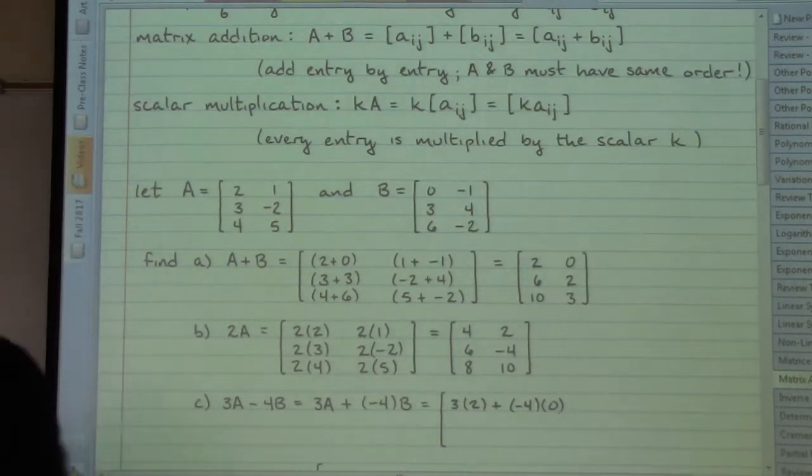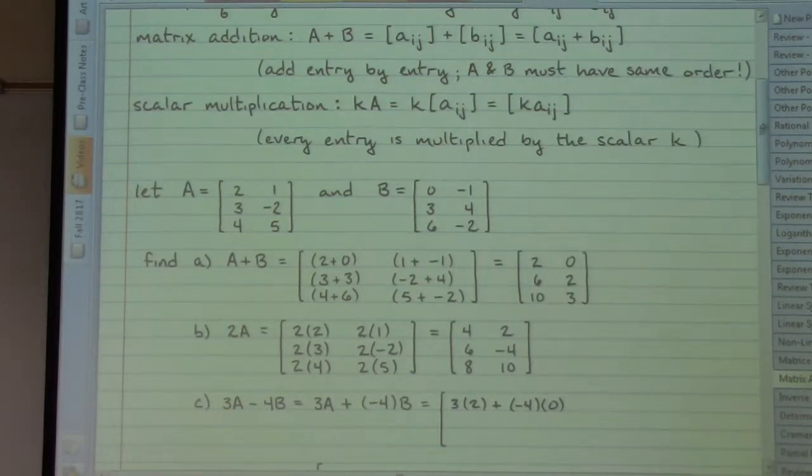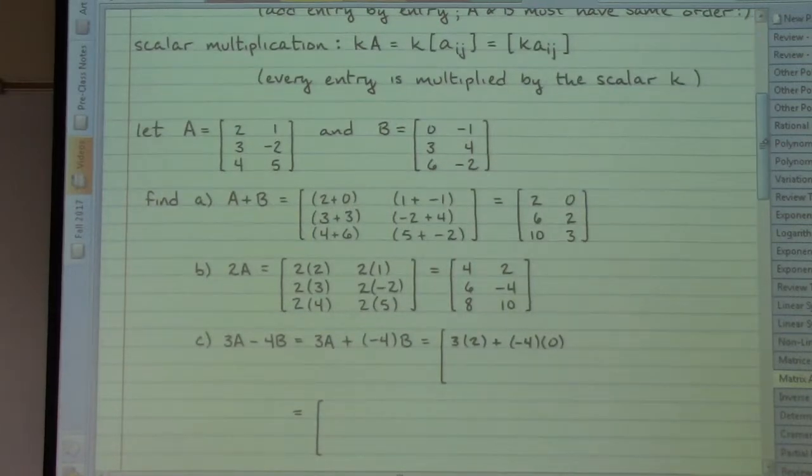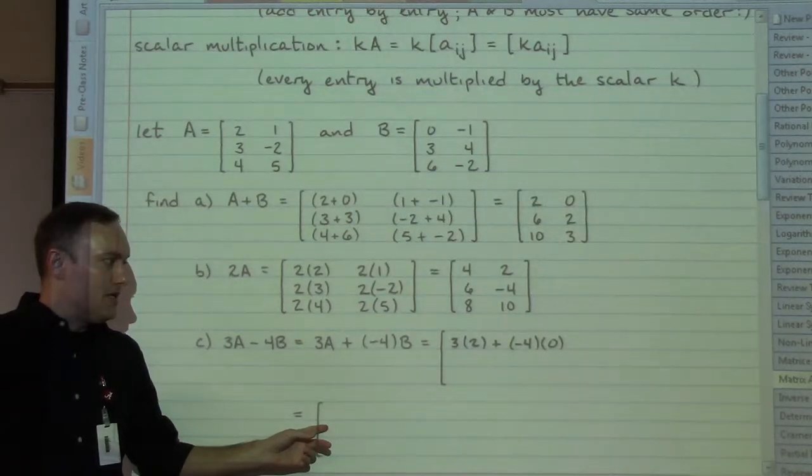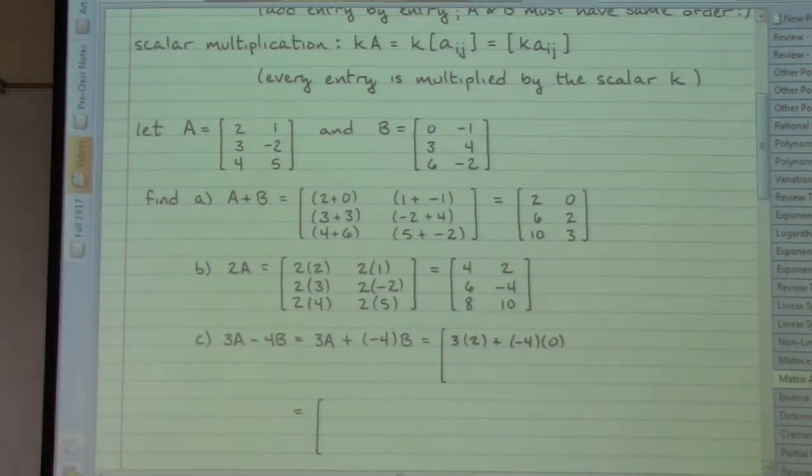We can go ahead and simplify that so that we start to build that finalized matrix, that answer. So 3 times 2 is 6 plus 0 is 6.